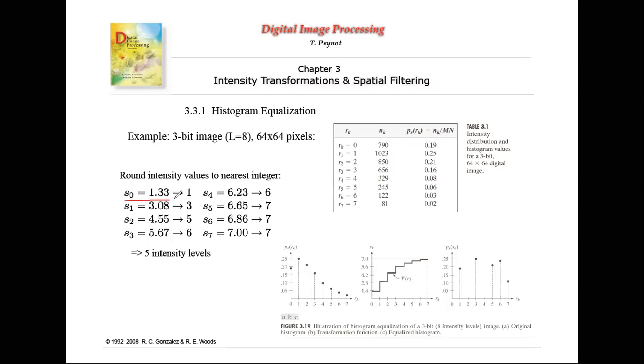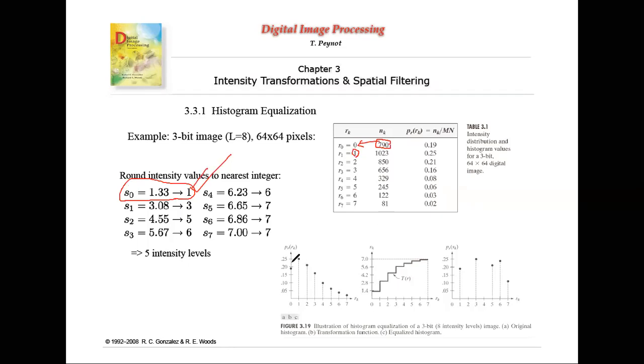Now S0, you can see we got the value 1.33 and that was rounded to 1. What that means is, all those 719 pixels which earlier had the intensity 0, dark, now shall be replaced by 1, which is dark gray.